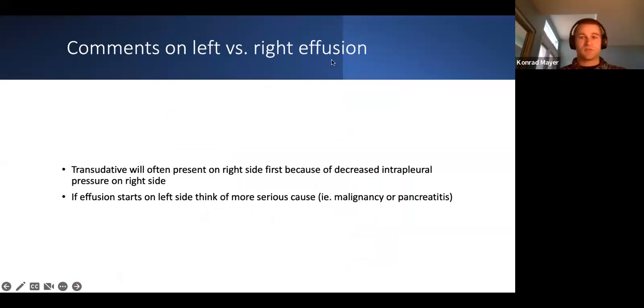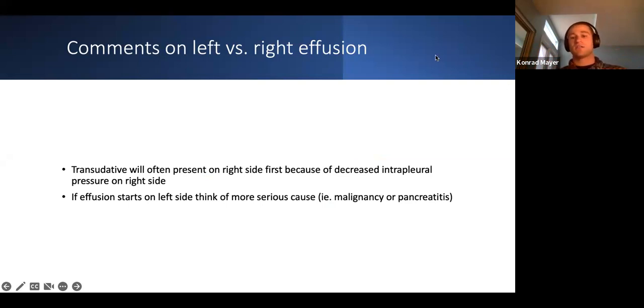So, comments on left versus right effusion. This is also important to think about. If you have a patient with a pleural effusion on one side of their chest, on the right side it's better, and the left side is worse. Because the right pleural cavity has a decreased intrapleural pressure.